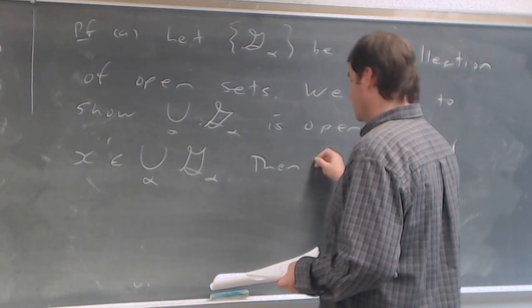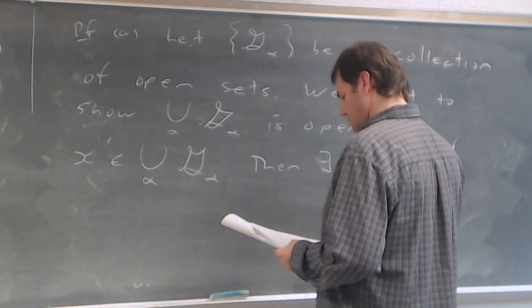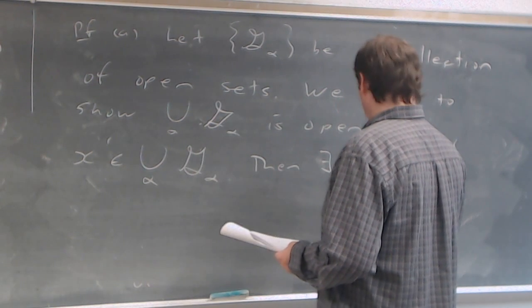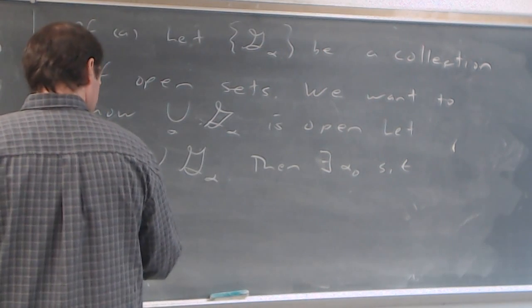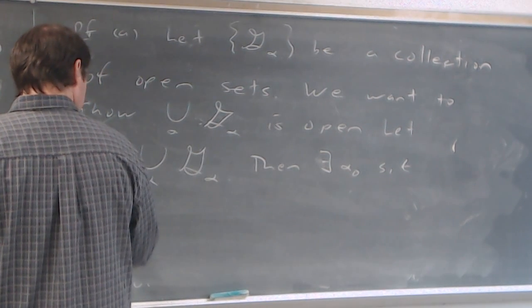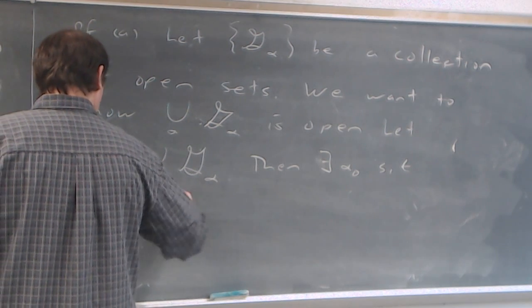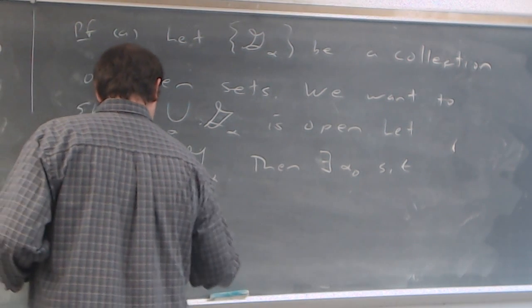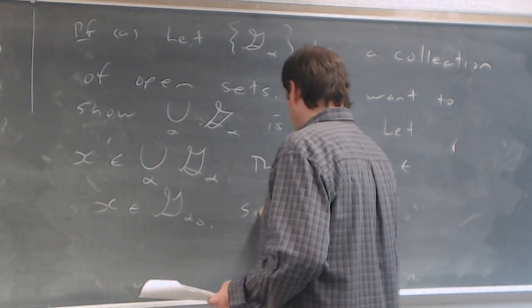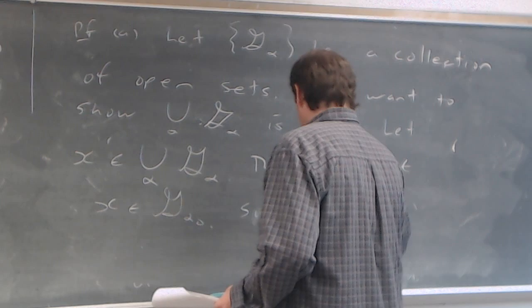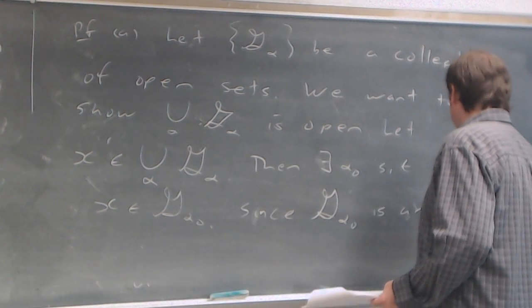You're at least in one. So there exists, I'll say, an alpha naught such that x is an element of G sub alpha naught.